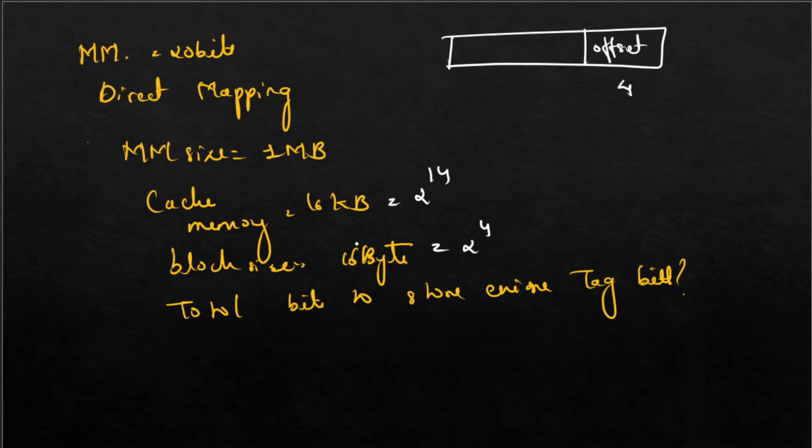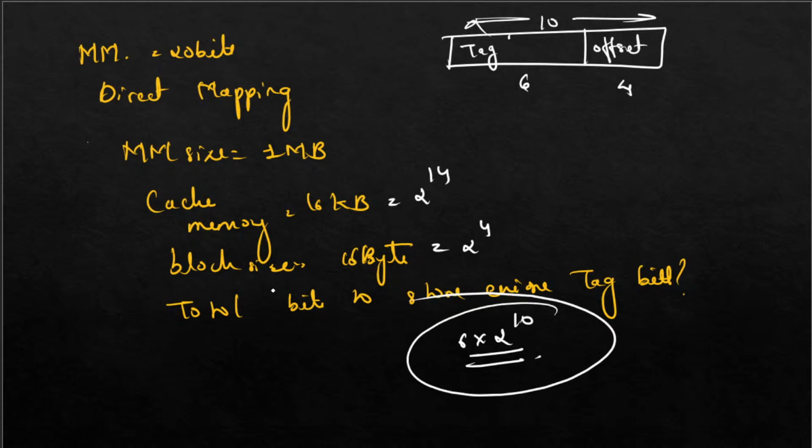So they are asking for total bits. What are the fields we have here? Tag we have, and this is 10, so this will be 6. So 6 into 2 to the power 10 we will have. So this is where we will have the answer.